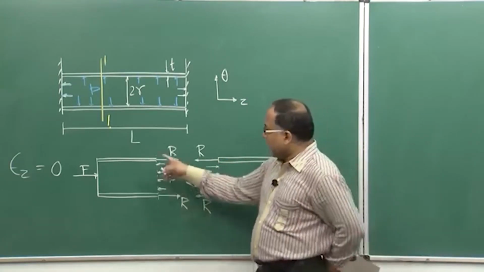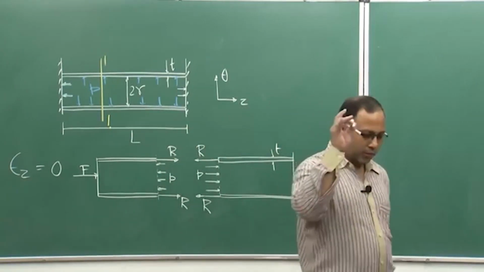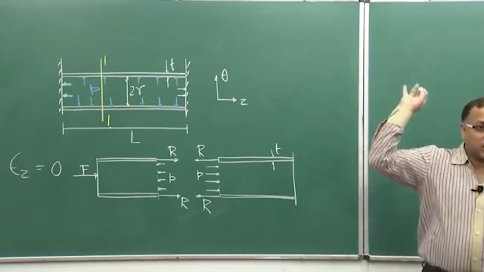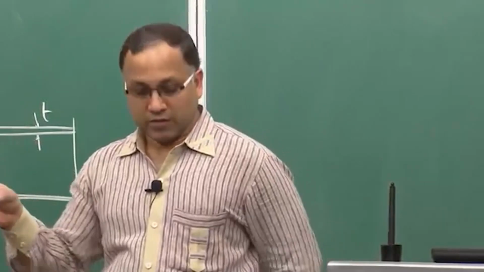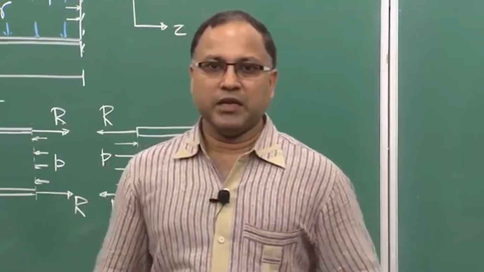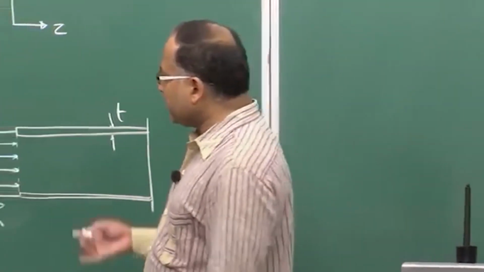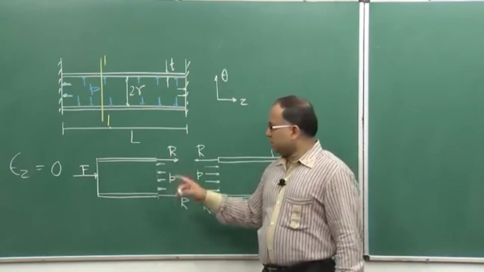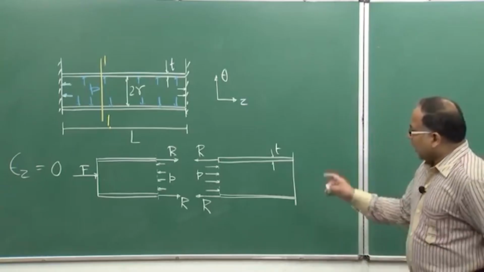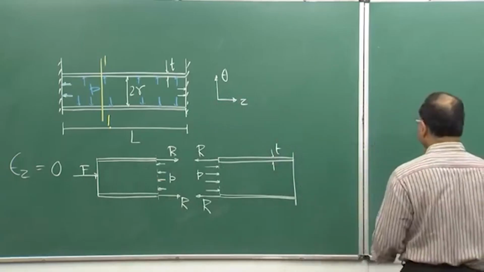Of course, we will not have any force in the radial direction by following the same argument whatever we did when we talked about the thin walled pressure vessel. If you have a radial direction force, then basically you are disturbing the symmetry. So, by following the same argument we can say that there is no radial direction force, fine.